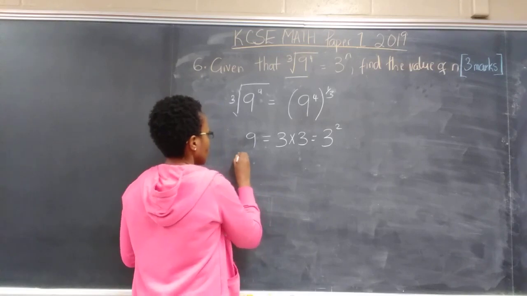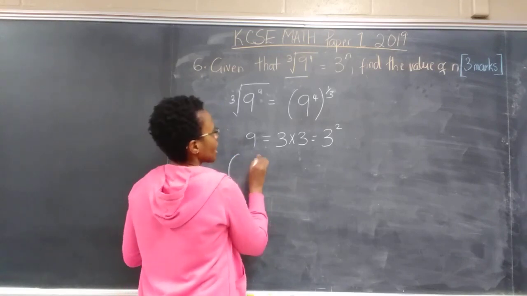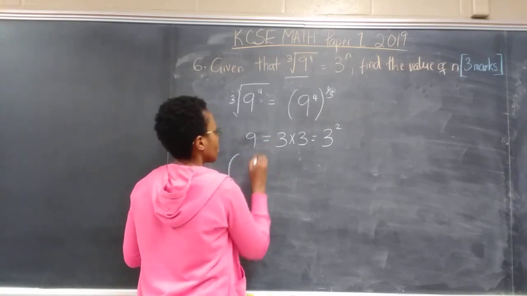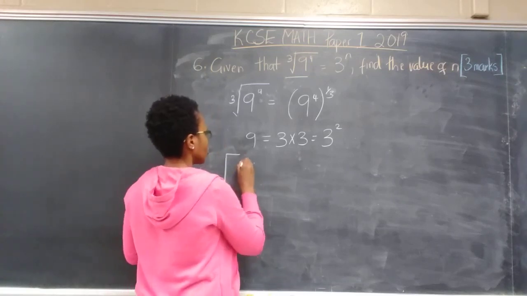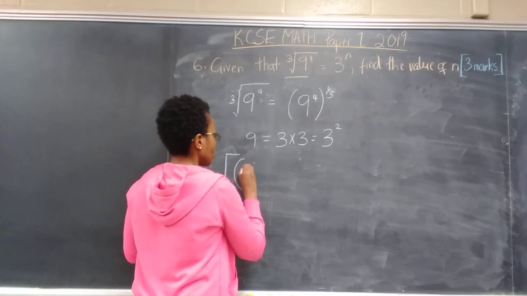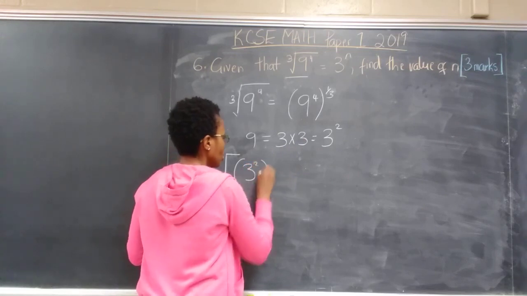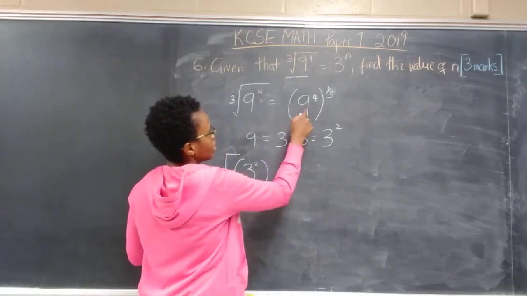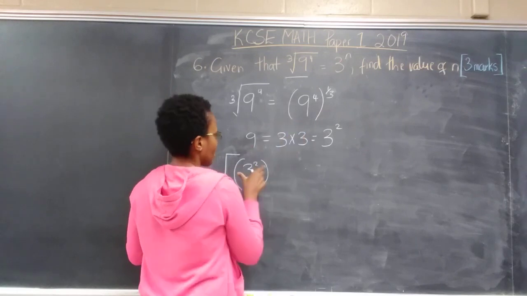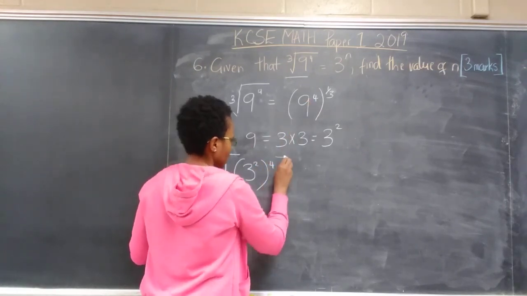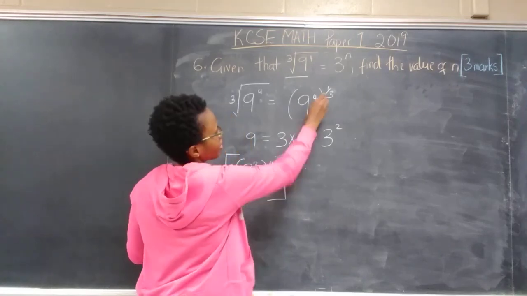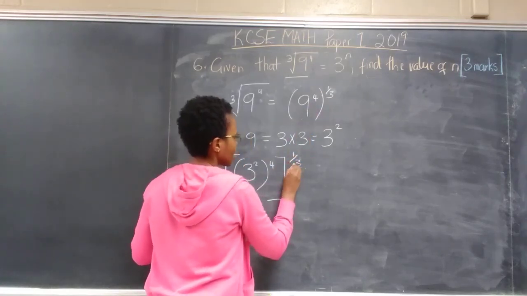Instead of 9 to the power of 4, let me use square brackets so that it's easier to distinguish what is what. So 3 to the power of 2, because that's our 9 now, then that number is to the power of 4, and then all of that is to the power of 1 over 3.